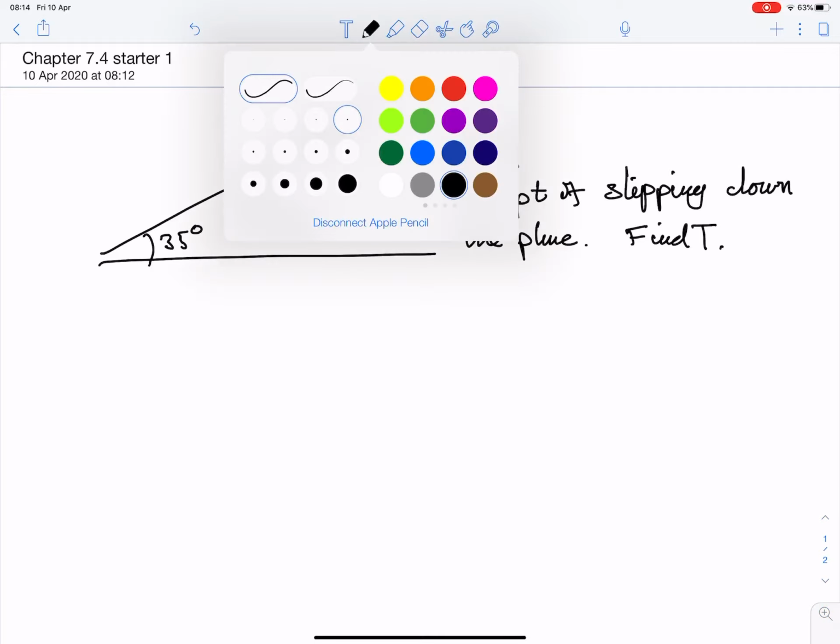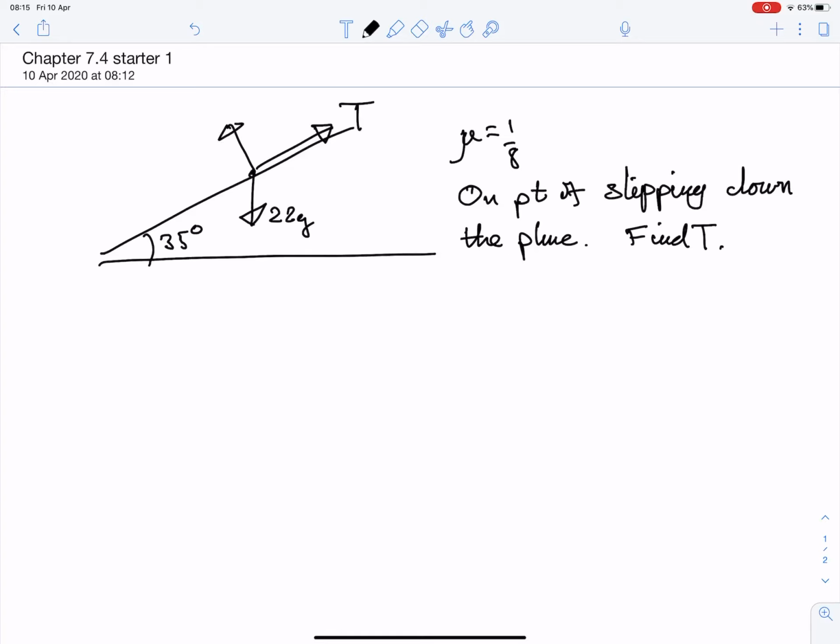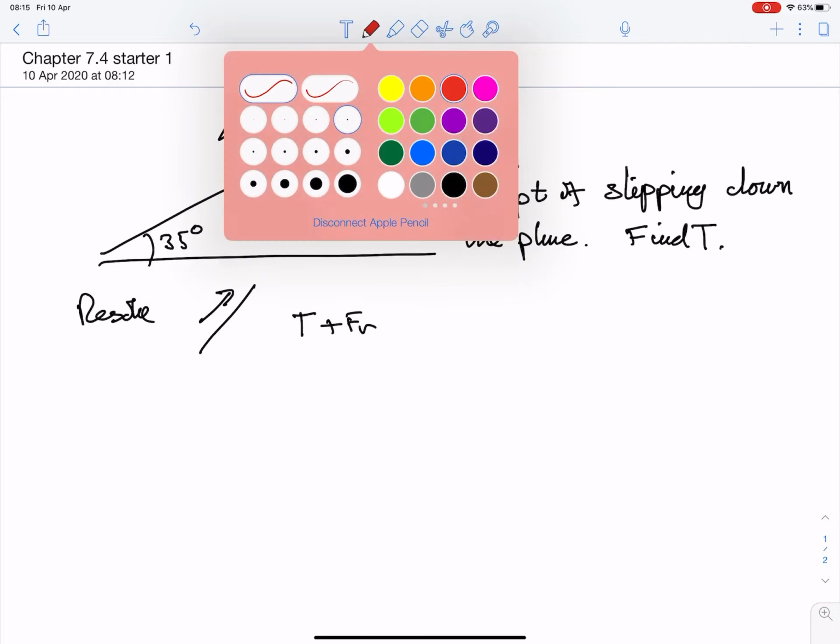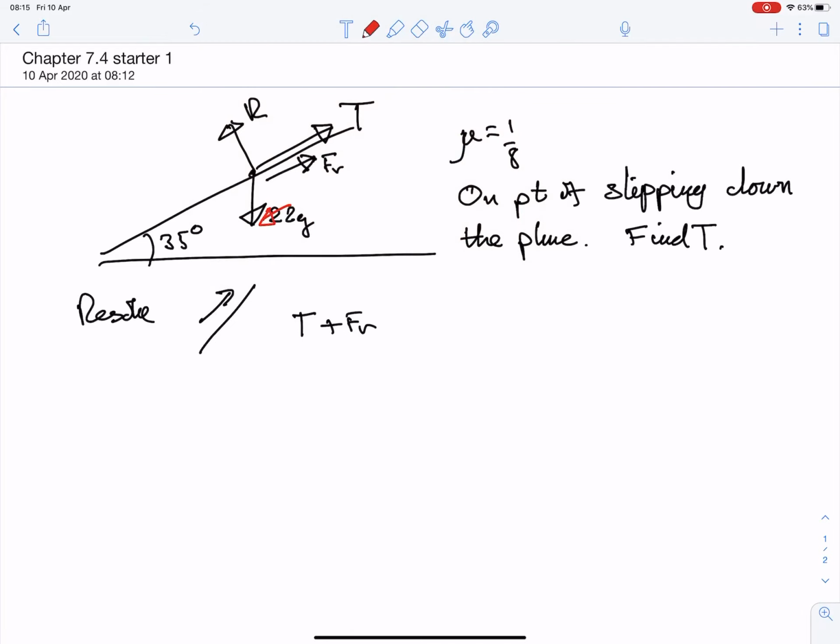So here we go. So the other forces, we've got a normal reaction R, and because it's on the point of slipping down the plane, the friction must be acting up the plane. So we do our standard things, resolve parallel to the plane, and we get T plus the friction, and then the component of the weight acting down the plane, and that's going to be opposite the angle, so that's going to be 22g sine of 35.